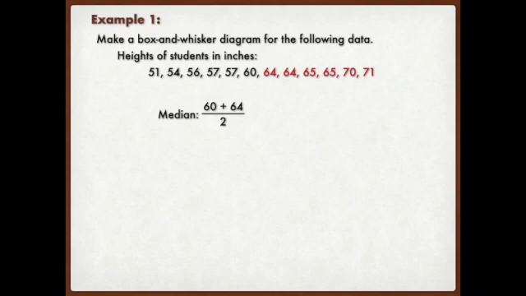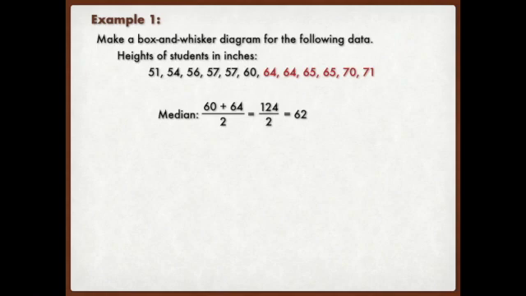60 and 64 are in the middle. Since there's not an actual middle number, if let's say 62 is in the middle of 60 and 64, I could just easily take 62, but because 60 and 64 are both the middle numbers, I'm going to add those together and then divide by 2, and that gives me 62. Okay, so that's my median of all the numbers.